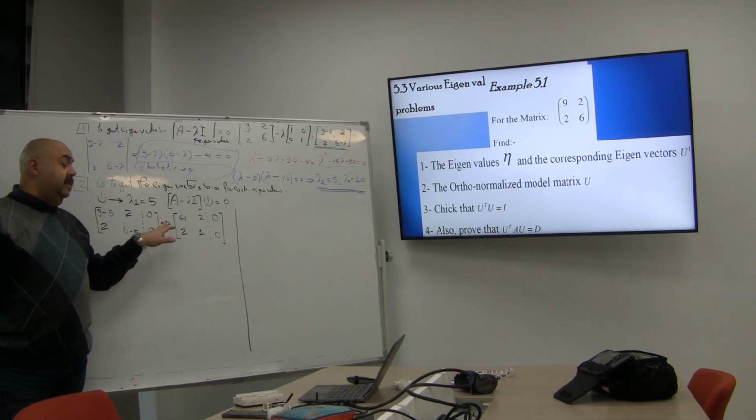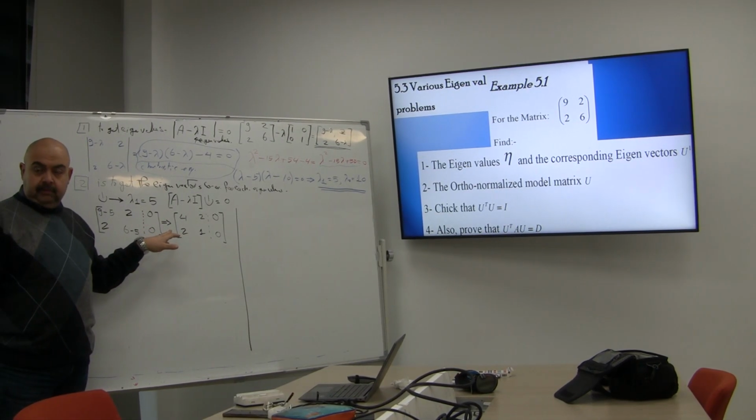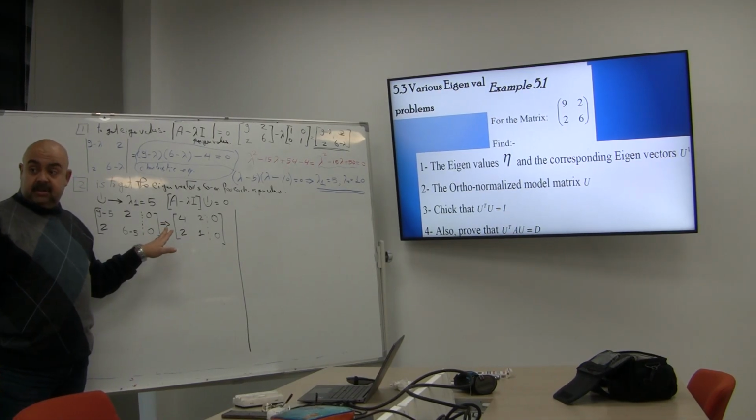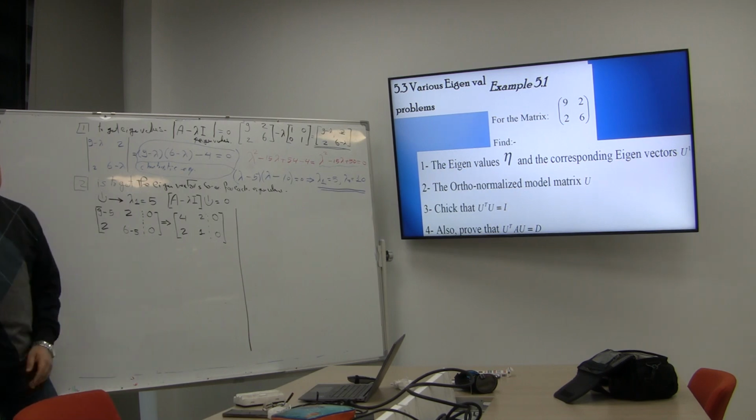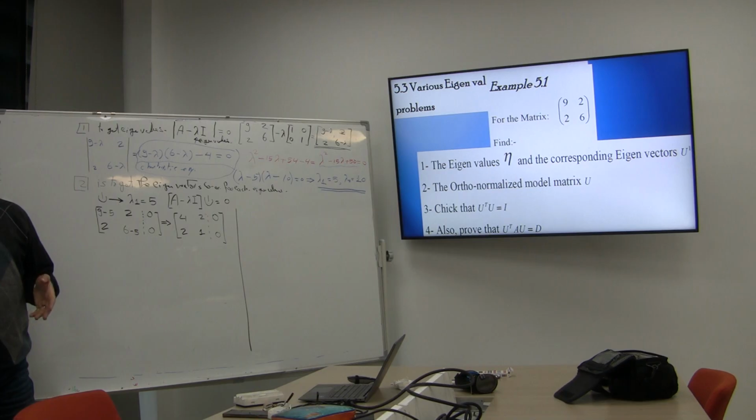If I have a unique or independent solution for this system, it means the vector will end up having 0 and 0. Your vector would be 0 0. So it's impossible to get an independent set of solutions. You will have to get a dependent set of solutions.